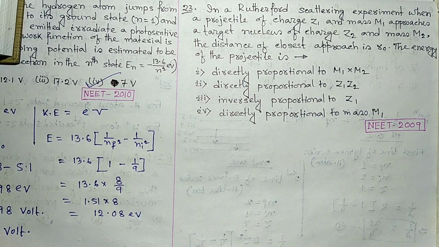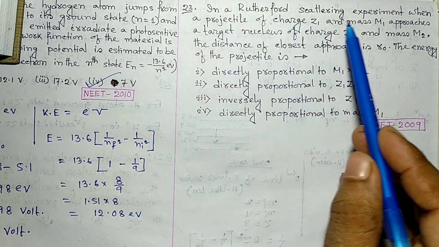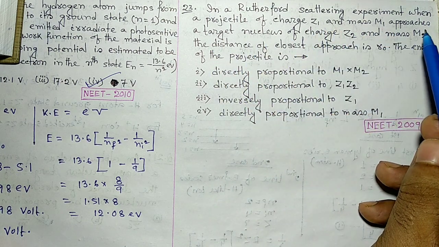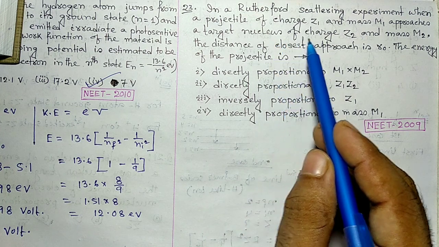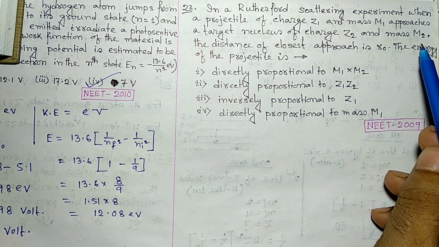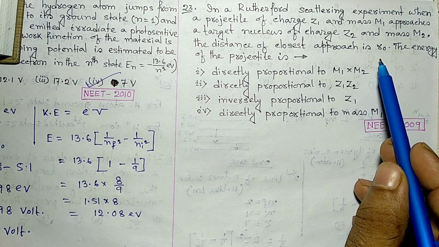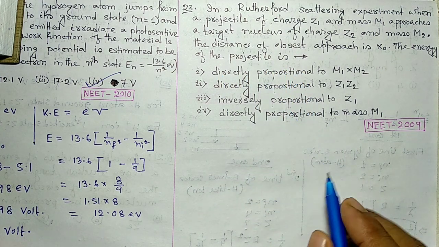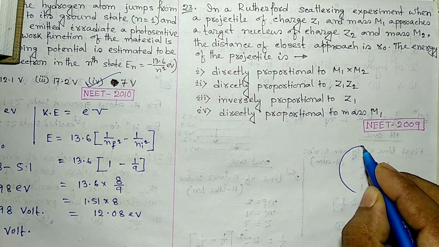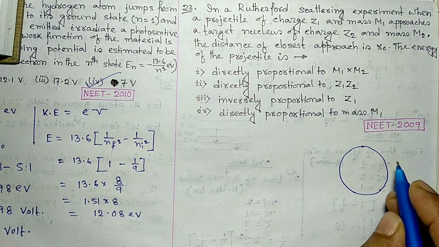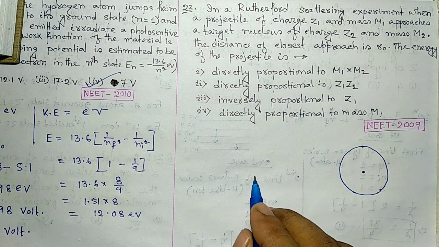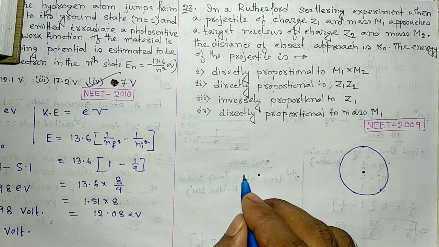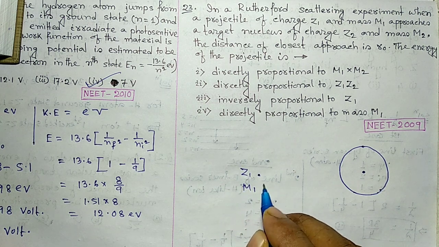Next question is question number 23. In a Rutherford scattering experiment, when a projectile of charge Z1 and mass M1 approaches a target nucleus of charge Z2 and mass M2, the distance of the closest approach is R0, the energy of the projectile is. So suppose consider it is the atom, here is the nucleus, and here is the charge Z1, mass M1.